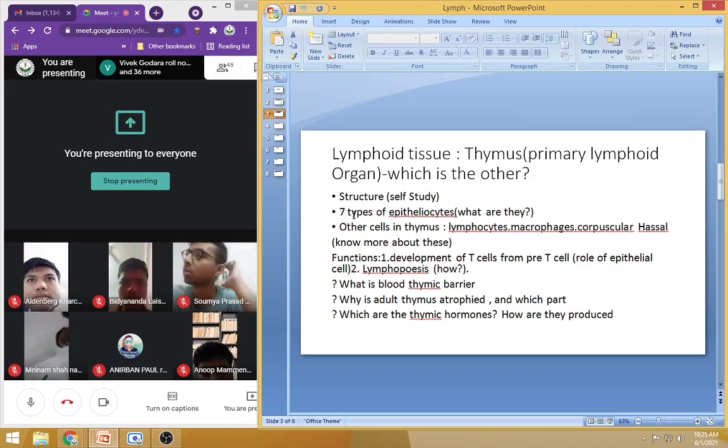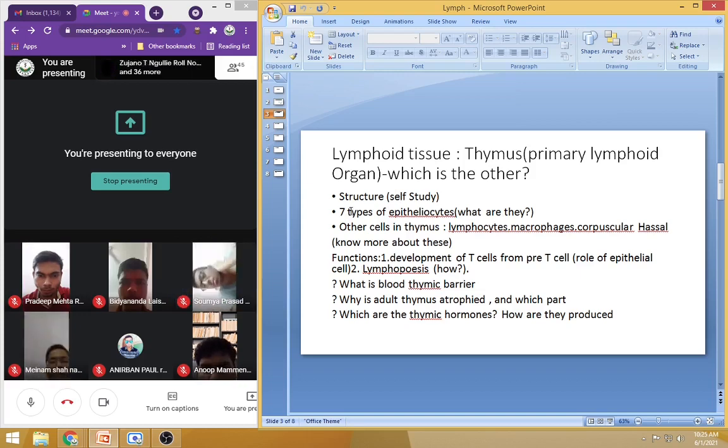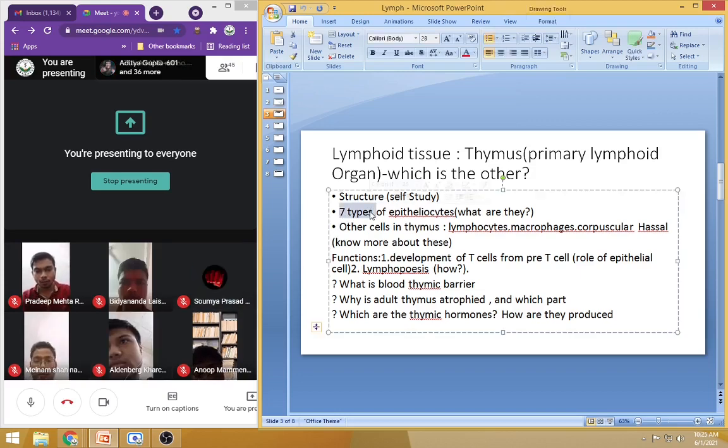There are 7 types of epithelial cells in the thymus, right? When there is such a variety of epithelial cells, obviously their function will also be different. This is again for you to find out.